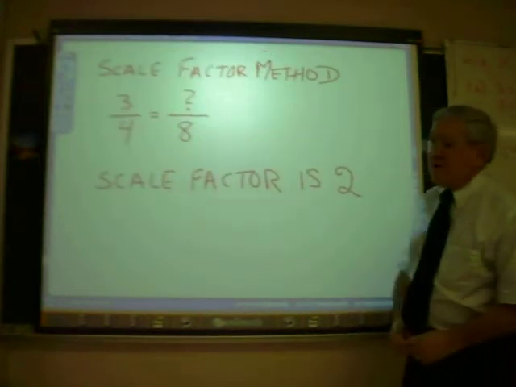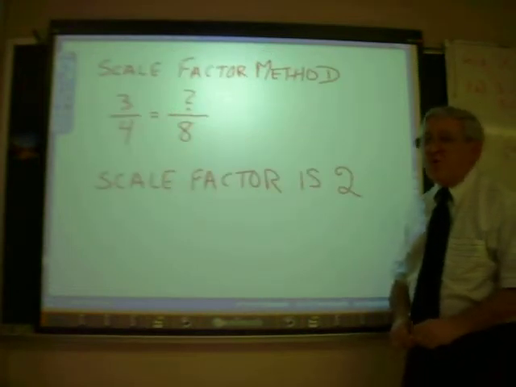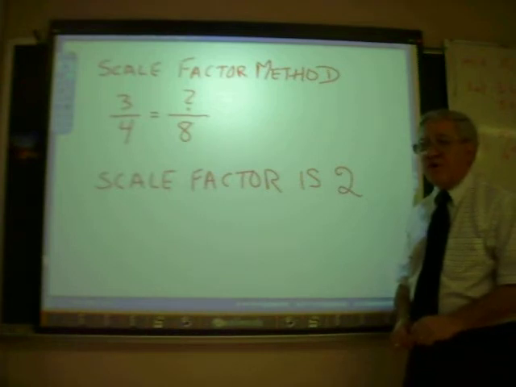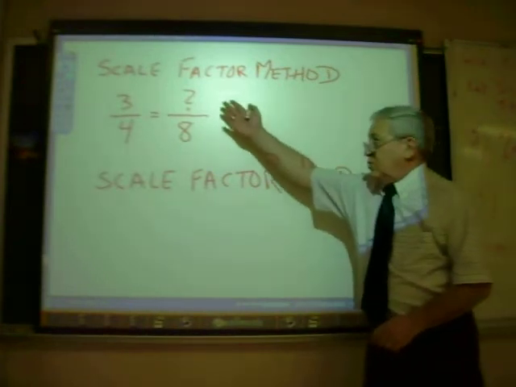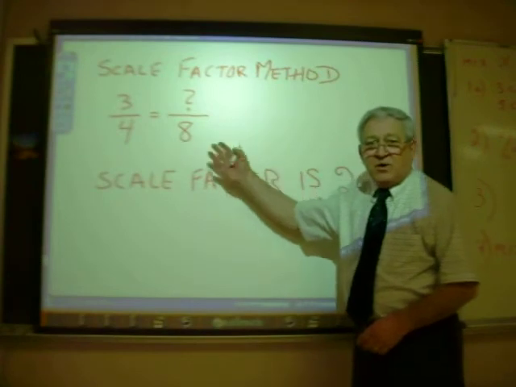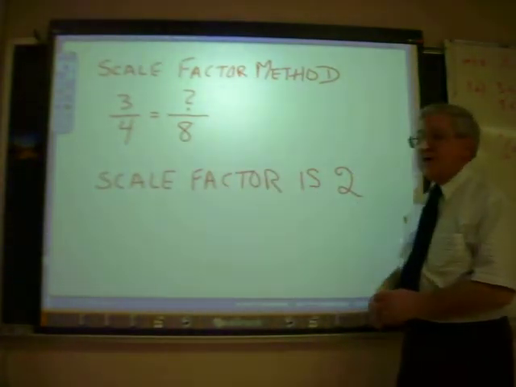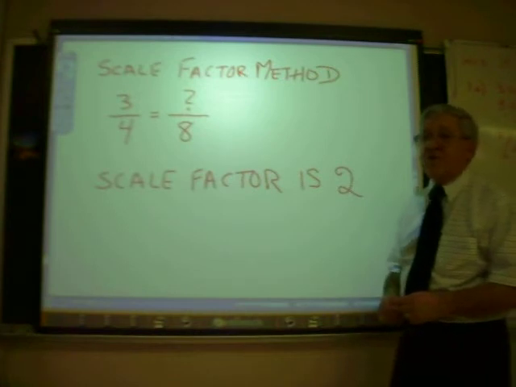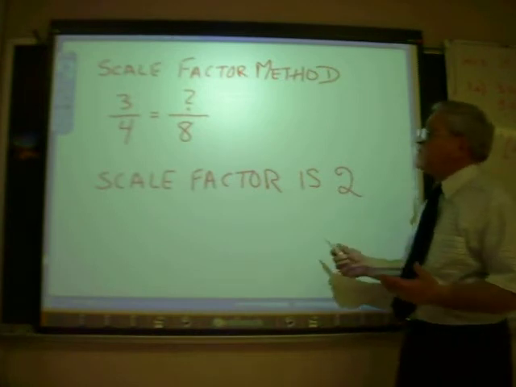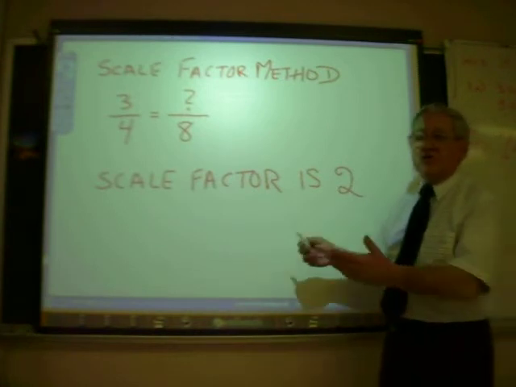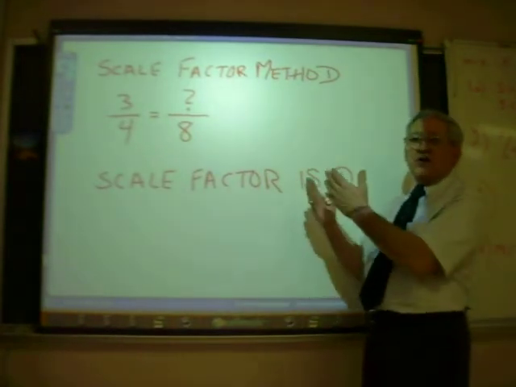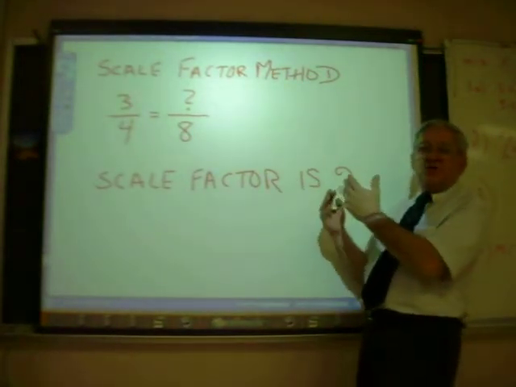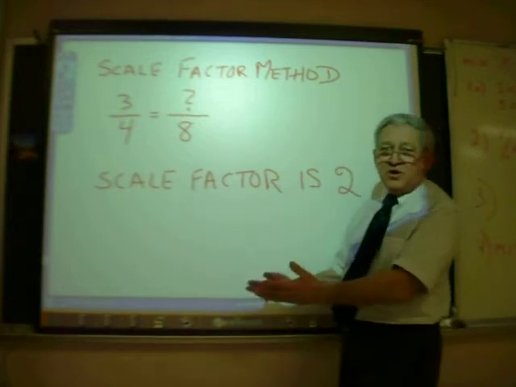Now, to solve a simple proportion like 3 over 4 equals who knows what over 8, the easiest way to solve that is using the scale factor method. So basically this involves changing a fraction to higher terms or reducing a fraction to lower terms.